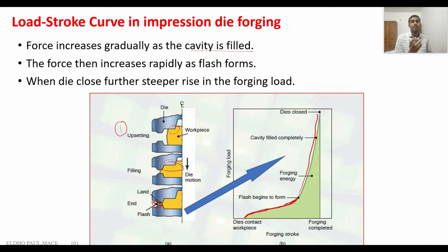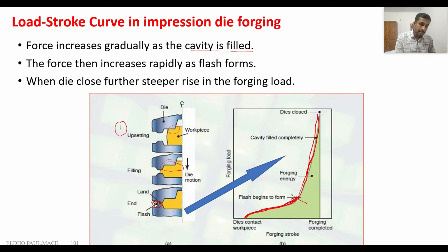The remaining cavity area to be filled is very sharp corners. For that, we need to apply a very high amount of load. That is why after the flash formation, the load increases steeply, but up to the flash formation, the increase is gradual.